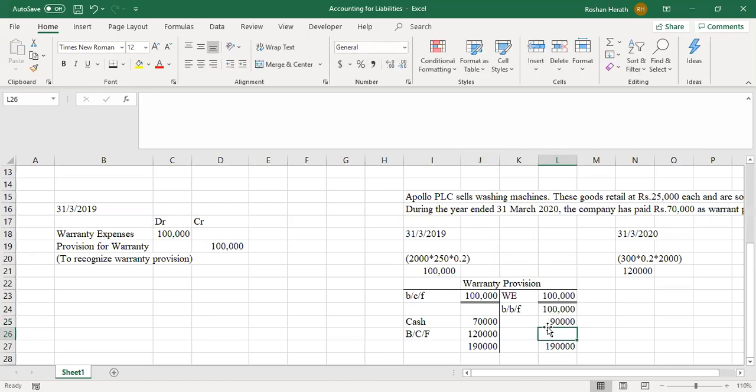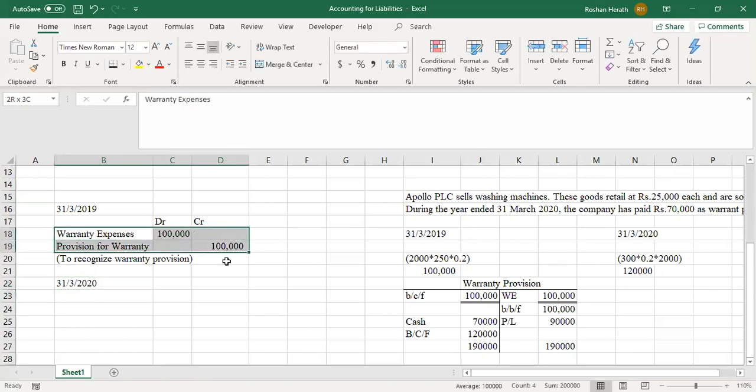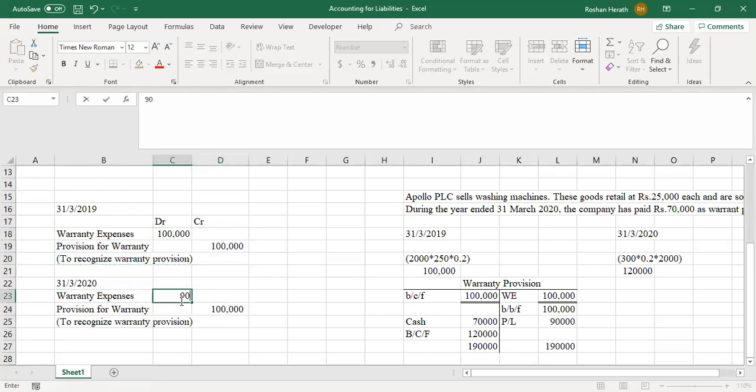So consequently, 90,000 would be required. You can take that to the P&L. So for the year ended 31st March 2020, you can recognize the warranty expense. It is simply the movement in the account. The movement comes as 90,000, and you need to recognize 90,000 as the expense.